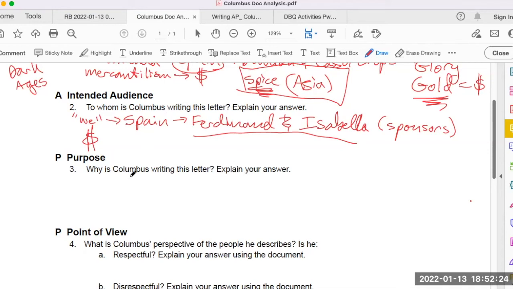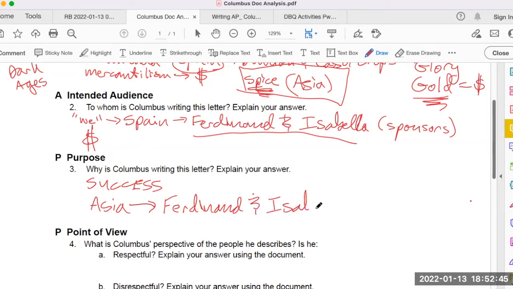Okay, well, he is documenting his great success. He believes that he has made it to Asia, that he has found a route for the King and Queen of Spain, Ferdinand and Isabella. He has found a route for them, for Spain, to the spice trade.